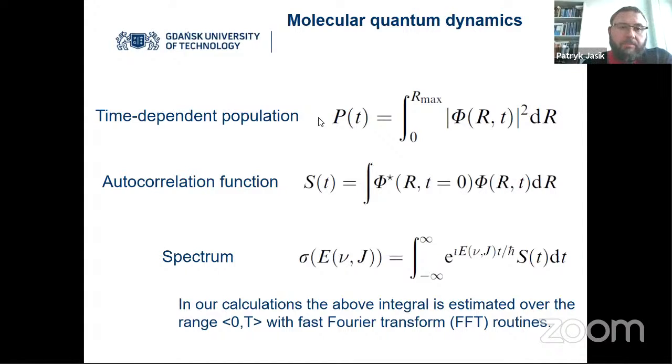We can define the time-dependent population like this with the autocorrelation function, and the Fourier transform of the autocorrelation function gives us the spectrum, which I will show you later.